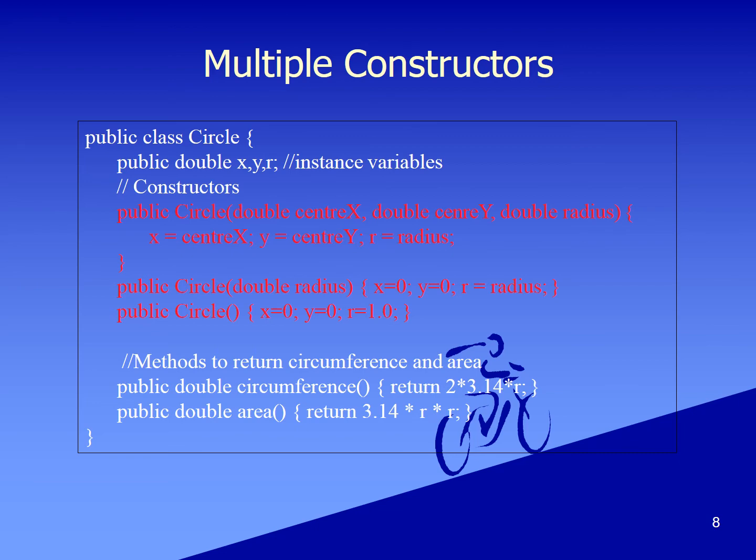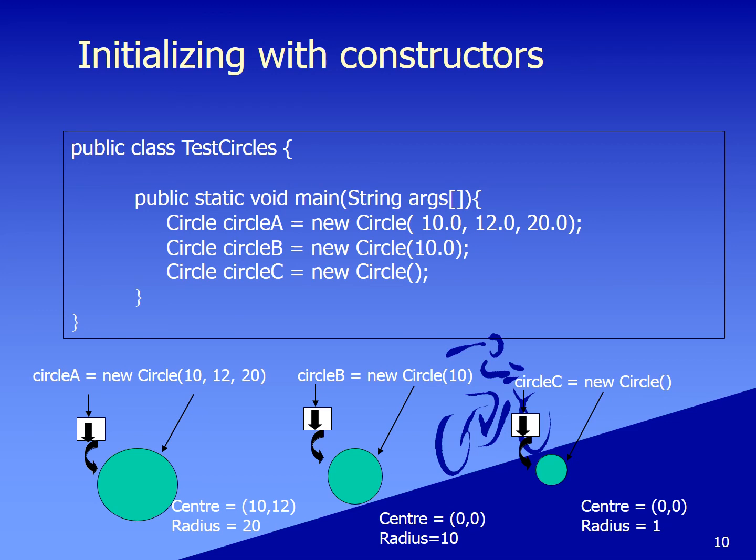Now have a look at this one. When this main class executes, Circle A equals new Circle(10, 12, 20), which means the first constructor is called. On the left side you can see that Circle A goes to the Circle constructor with the parameters 10, 12, 20.